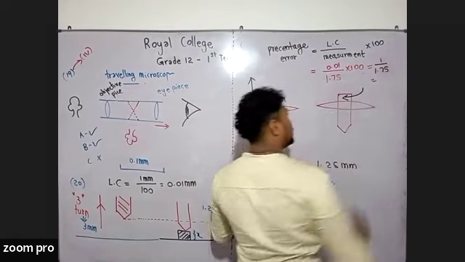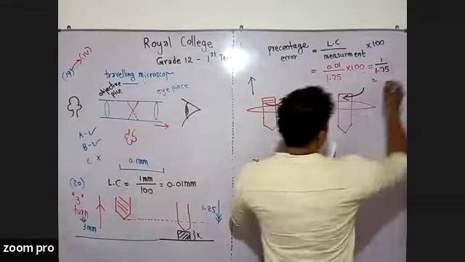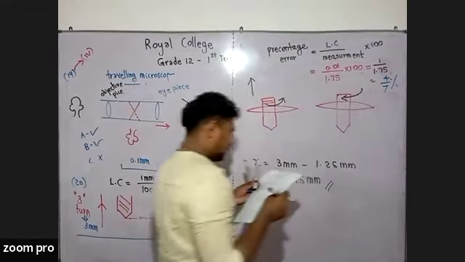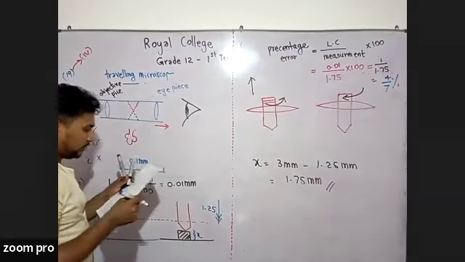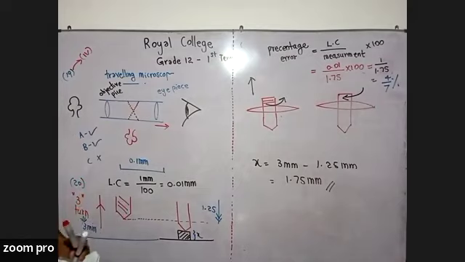If I divide both the numerator and the denominator by 0.25, I can obtain 4 over 7. This is the percentage error of this object. So the answer should be the second one.